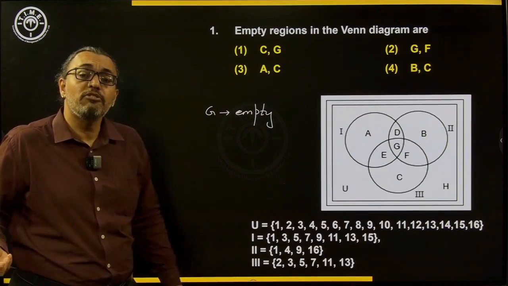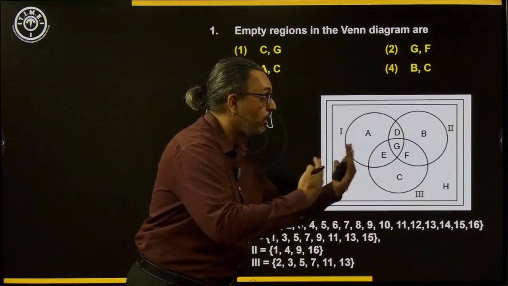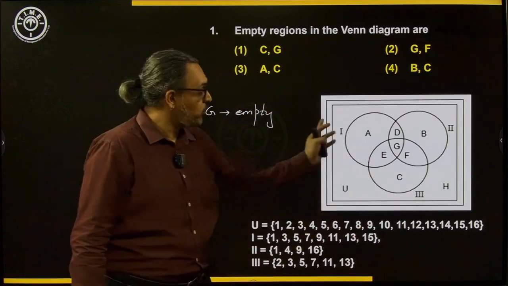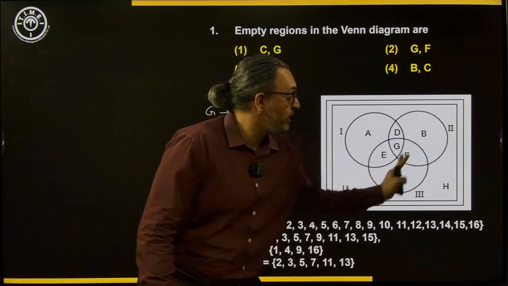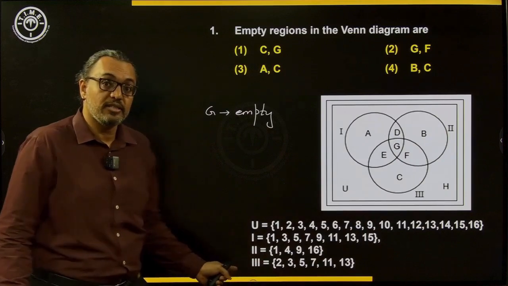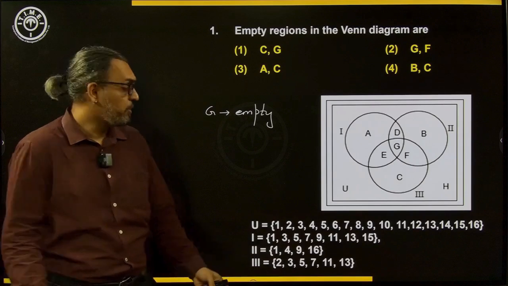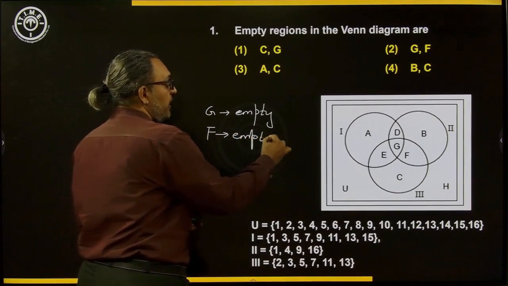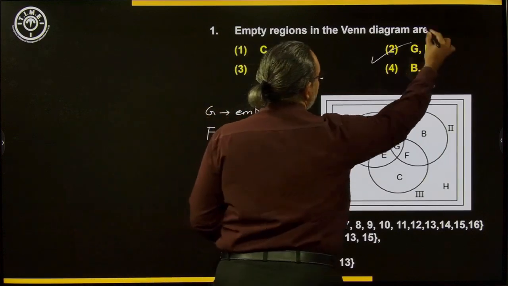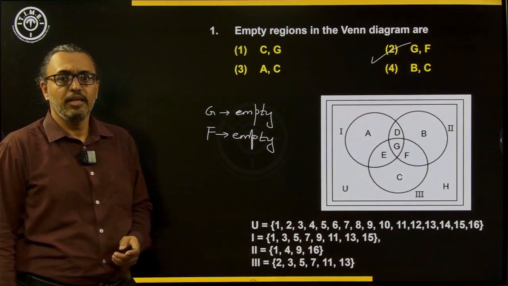F is exclusively common to 2 and 3, while G should also be common to 1, which is why I checked them separately first. Do I have any numbers that are common to perfect squares and prime numbers? No. Then F is also empty, and that should be sufficient to say it is option 2.